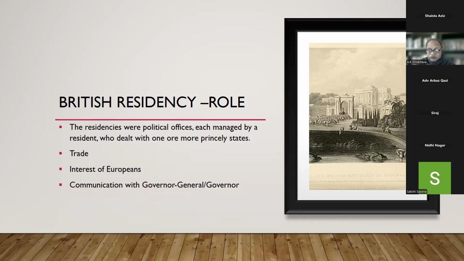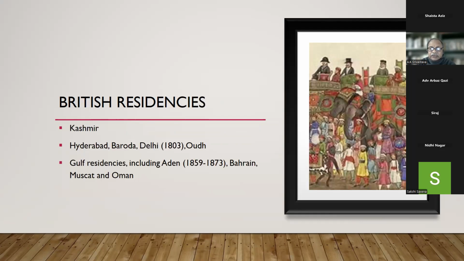And some of you will be surprised to know that residencies were all over. I'm showing you a very interesting painting. You can see an old ruler on the elephant. Try to identify him. He is nobody less than Bahadur Shah Zafar.